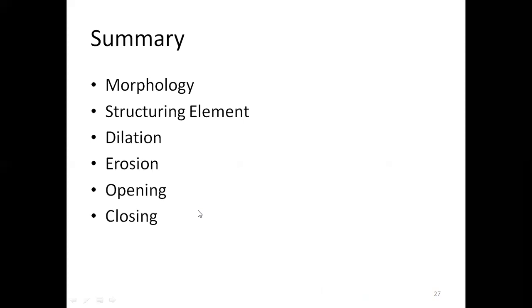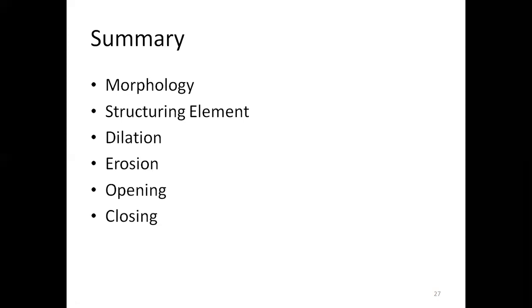So those are the points in this session. In summary, we considered what morphology is. It's a technique to process the binary objects present in an image. Then we discussed the structuring element, which is responsible for growing or thickening the object.